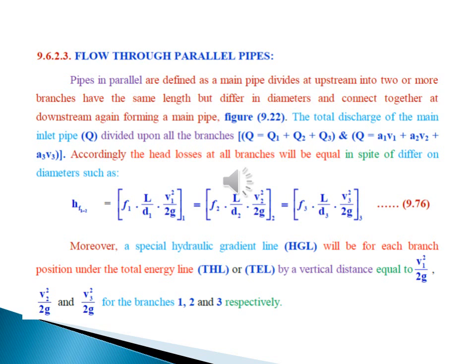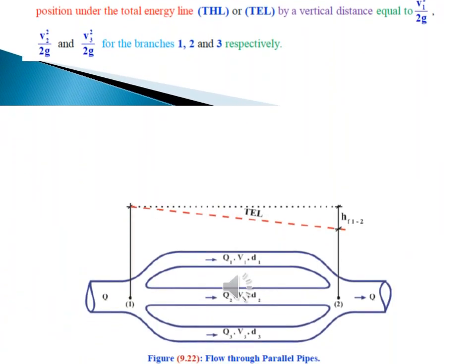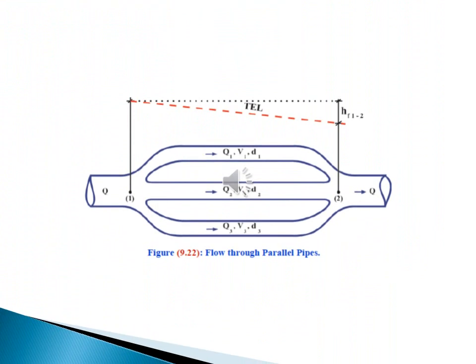The total discharge of the main inlet pipe divides among all the branches, hence Q equals Q1 plus Q2 plus Q3. Accordingly, the head losses at all branches would be equal despite the difference in diameter, as shown in the enclosed equation. Figure showing flow through parallel pipes.